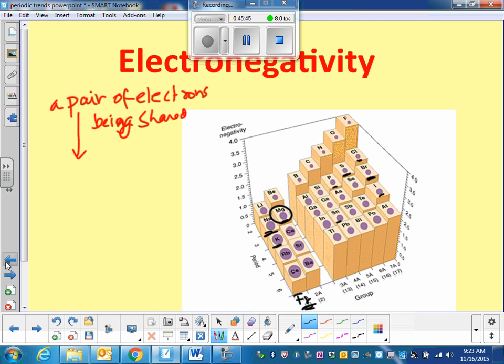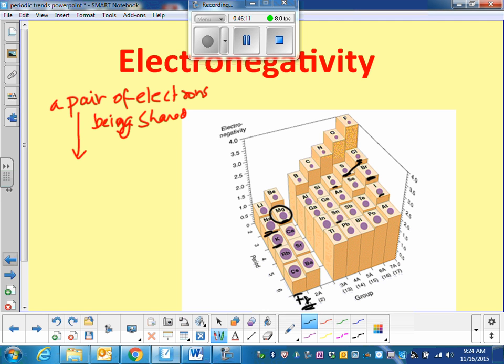Sulfur is the most. Well, as you go across, what happens to the size between sulfur and chlorine? Which is smaller in size? They're in the same period.